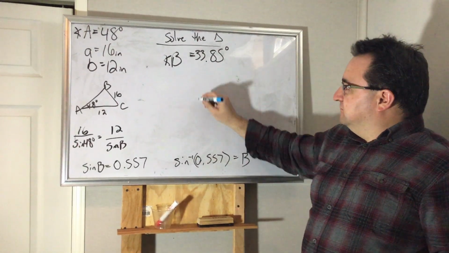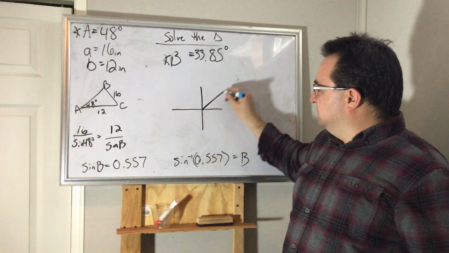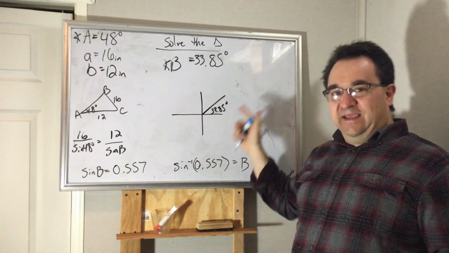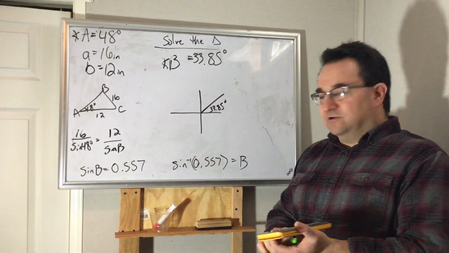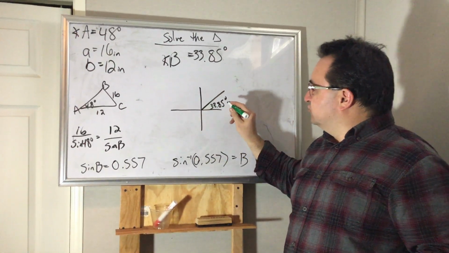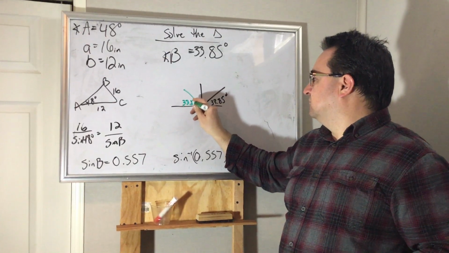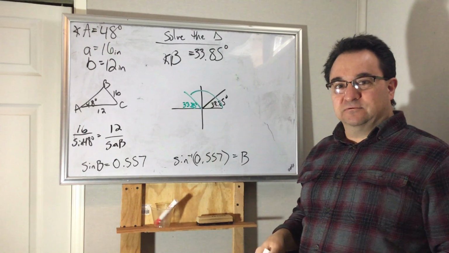Well, let's draw it. This is the idea of reference angles. If this is my first answer, I want that same size angle in that quadrant because that quadrant is the other place where sine is positive, quadrant 2. So I'm going to draw that angle in quadrant 2. And this is a picture of your second answer.